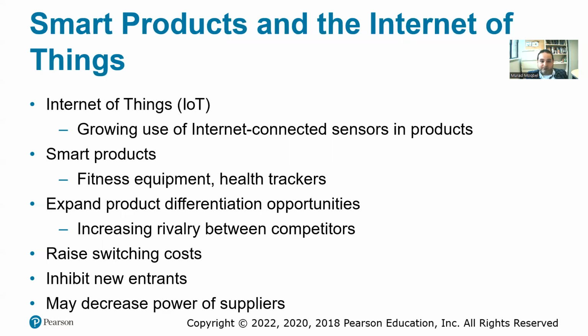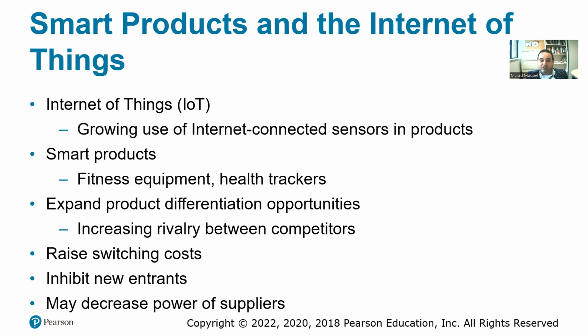So for example, my garage at home has sensors, so I can open it and close it while I am here at work, right? Because it's connected to the internet. In the cars, you can see your tire pressure using sensors. So that's what we mean by the Internet of Things.